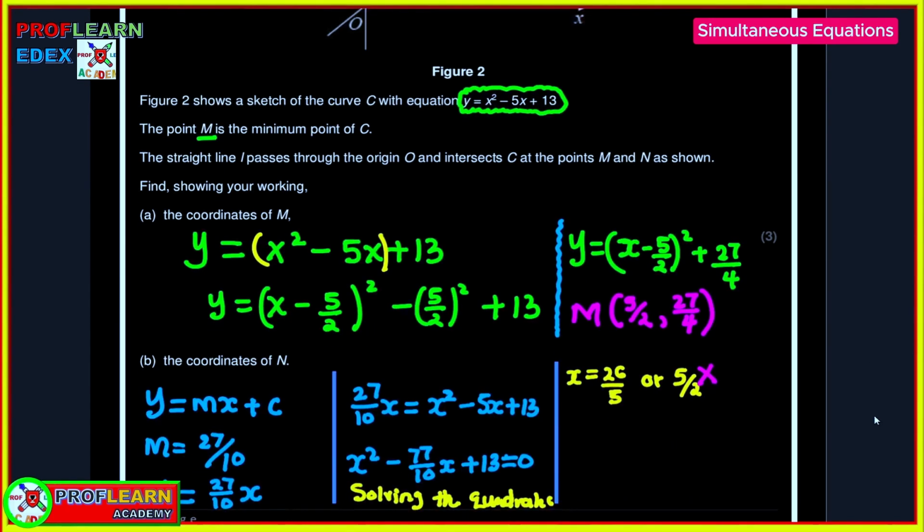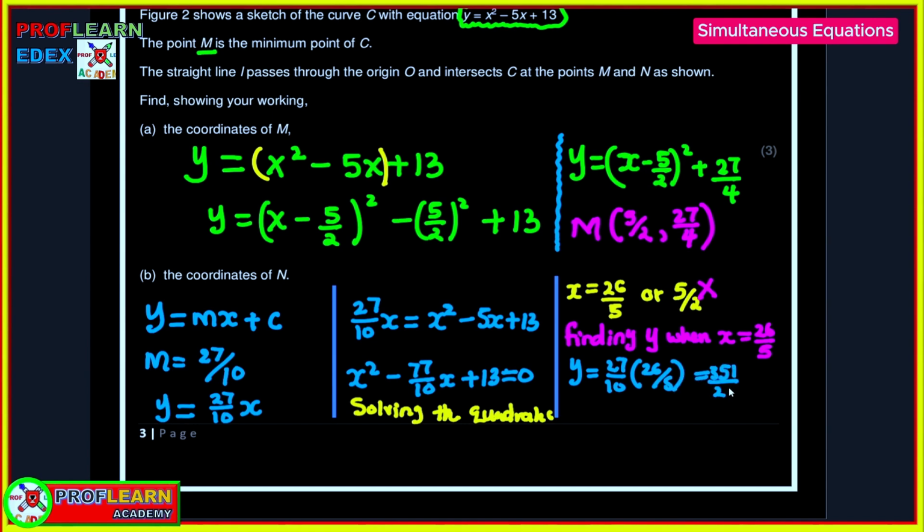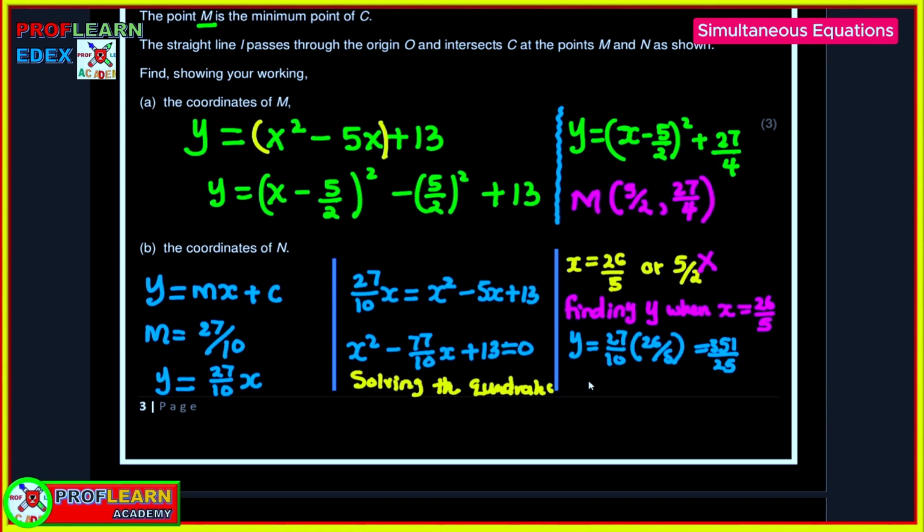We shall take the value of x in the n coordinates, 26 over 5. We use it to find the value of y by substituting into the equation of the straight line, and that translates to 251 over 25 as the final answer. Then we can go ahead and write the coordinates that were expected in that particular question.